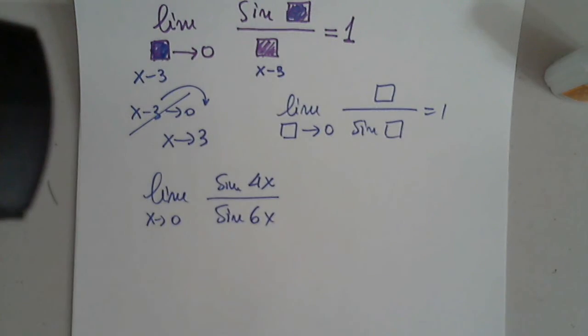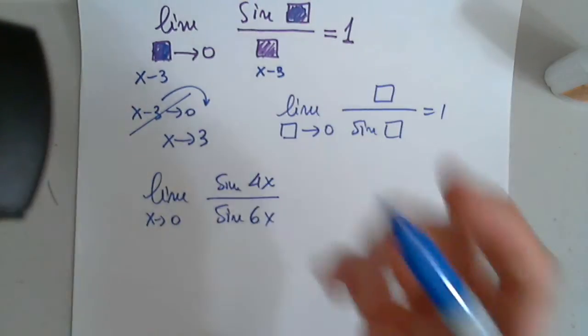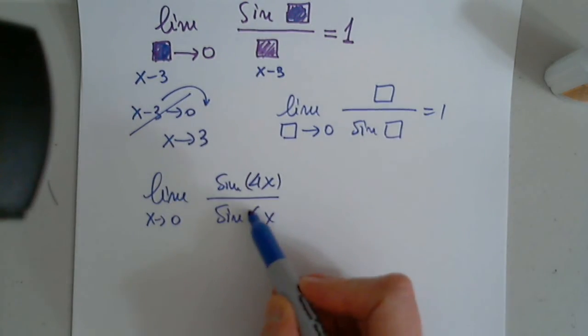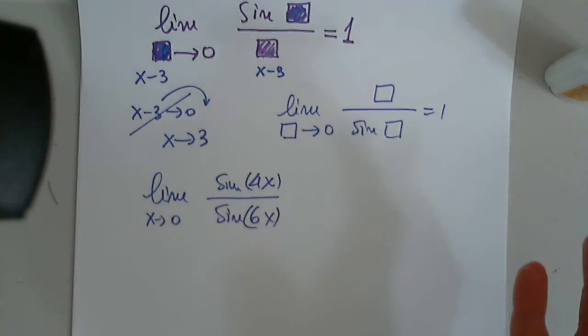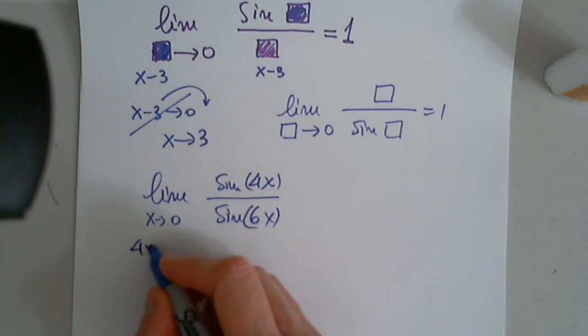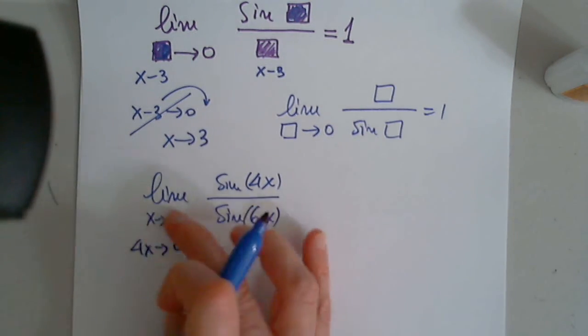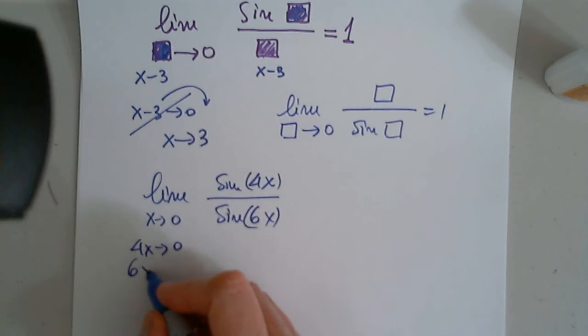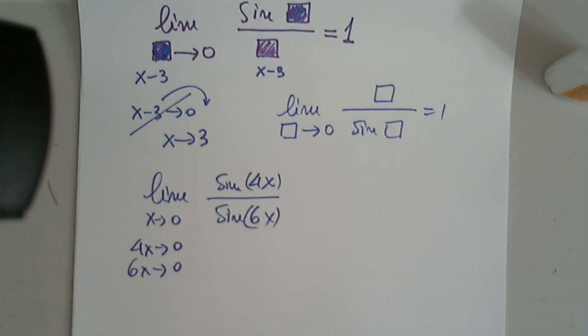Well, it has. So first of all, let's analyze the 4x and the 6x. Do they approach 0? Yes. If you multiply both sides of this symbol by 4, you will get 4x approaches 0. If you multiply both sides of the symbol by 6, of course, or just say when x approaches 0, 4x must approach 0, 6x must approach 0.